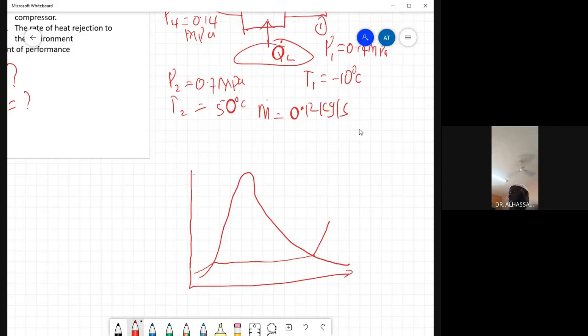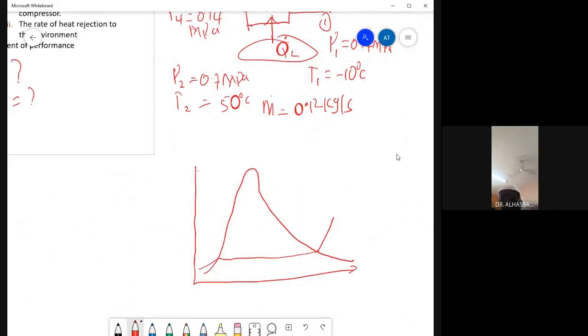So we are going to assume that the input is state 1. This constant pressure line is P1. What are the properties of the fluid here? It is 0.14 megapascal, and T1 equals minus 10 degrees Celsius.